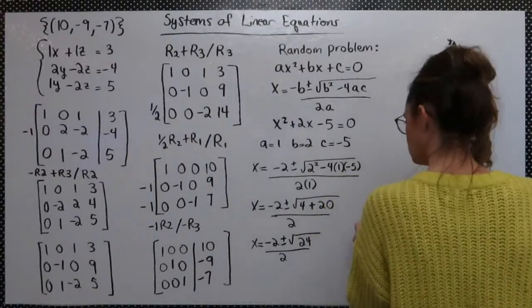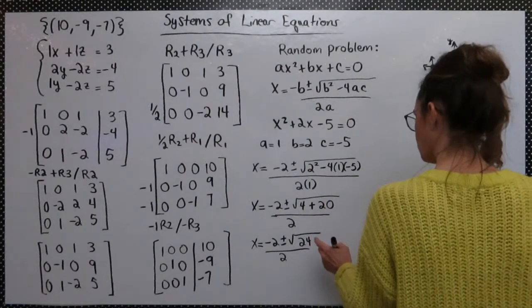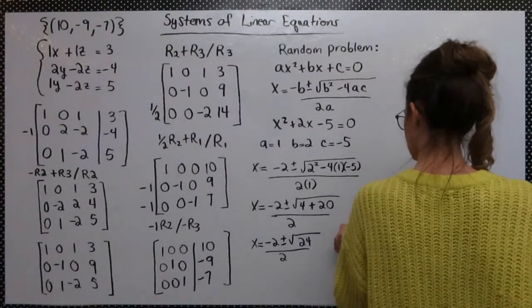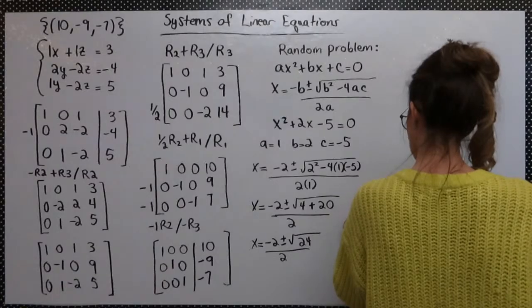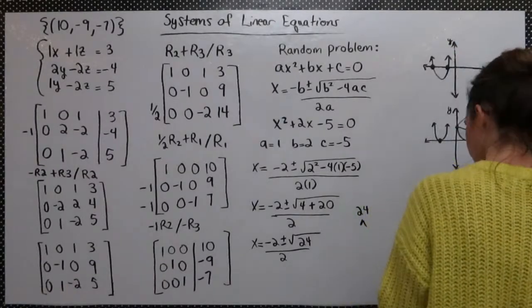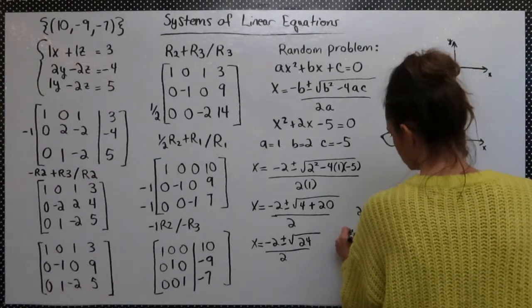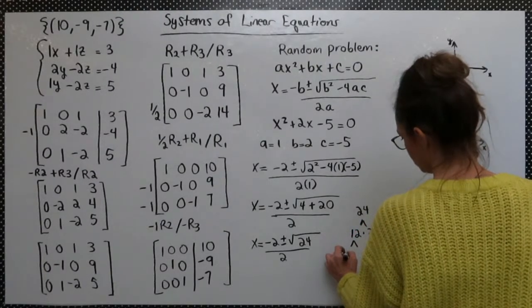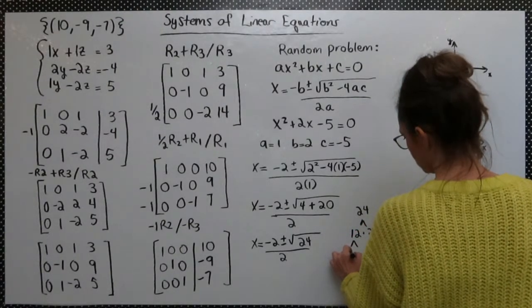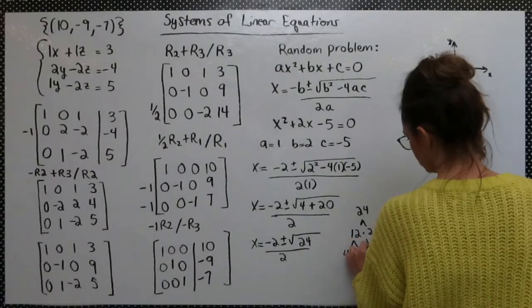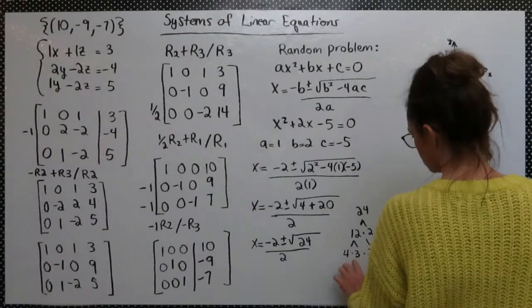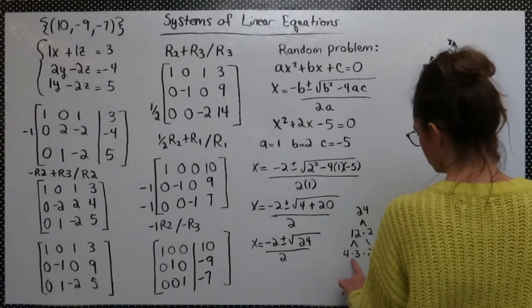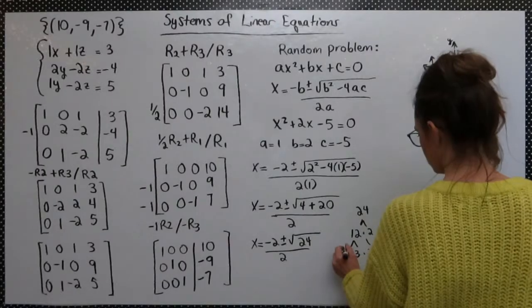So what I need to do is figure out, let's see, 24 is 6 times 4. So we'll split 24 up and see how to simplify the radical. We've got 12 times 2, and this is going to be 4 times 3 times 2. So it looks like the only perfect root here is 4.